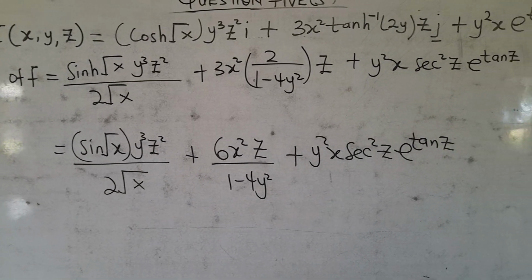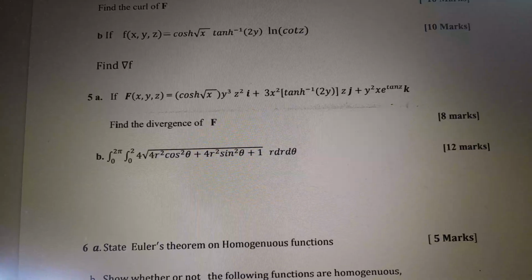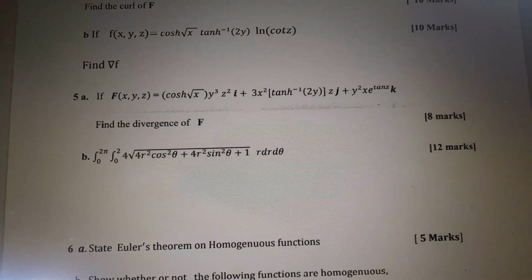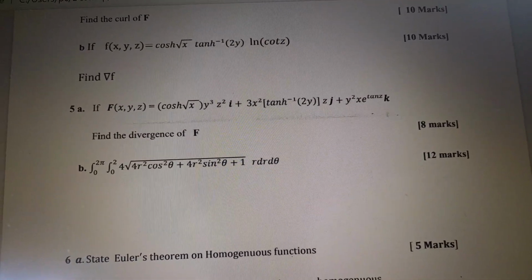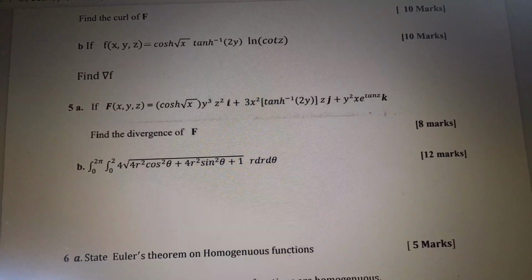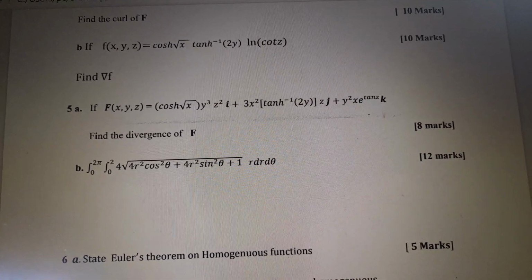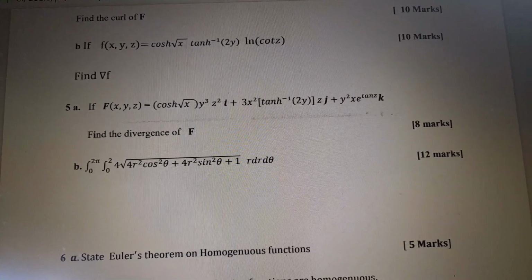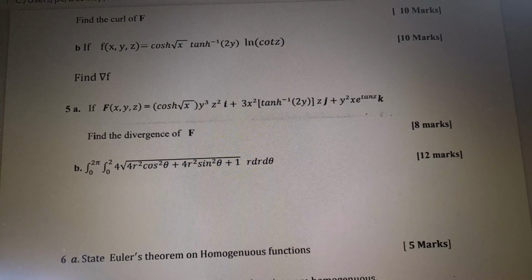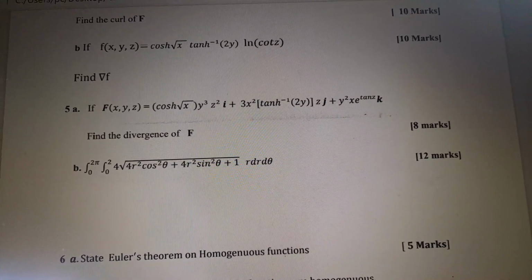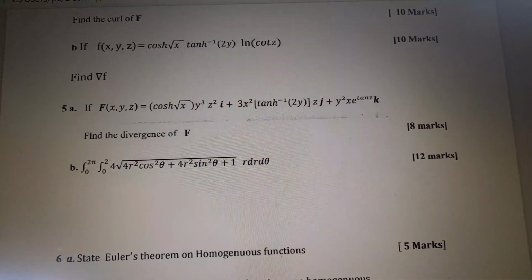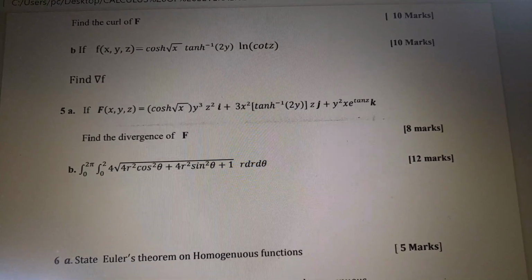Now we'll go to the B aspect of question 5, which is worth 12 marks. We should evaluate the double integral from 0 to 2 pi, then 0 to 2, of 4 times the square root of 4r squared cos squared theta plus 4r squared sin squared theta plus 1, r dr d theta.